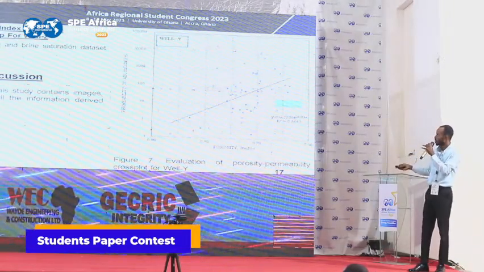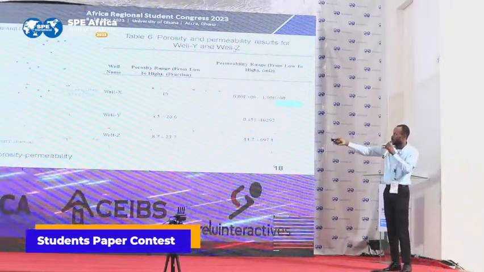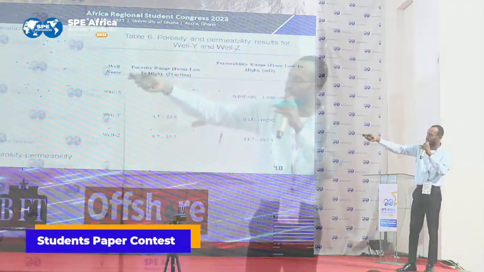Here, I also found that for well Z, the porosity values were closer, which showed similarities in the data set, such that porosity and permeability were a little bit correlated.